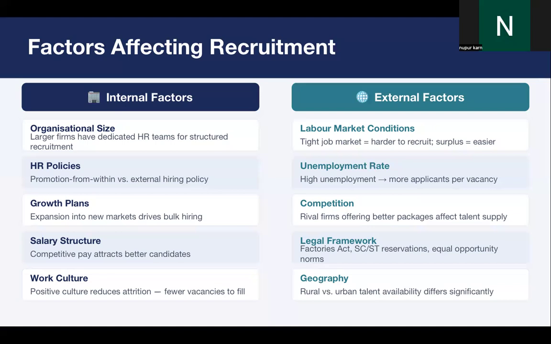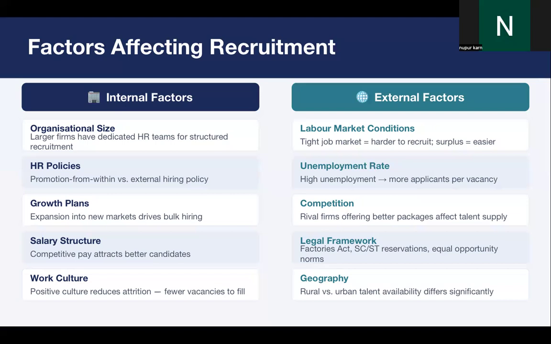Now the competition: rival firms offering better packages affect talent supply. When competition is very high, companies are offering good salary packages, and they have better packages, so it also affects the supply. Legal framework: Factories Act, SC/ST reservation, equal opportunity norms.